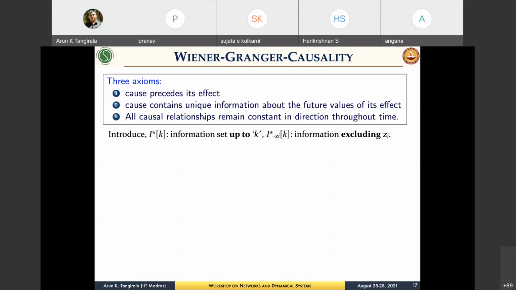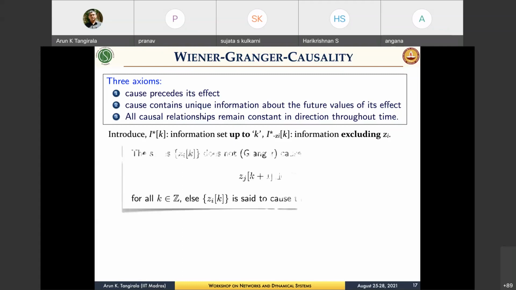So Granger started off with information, and he said, let I star represent the information set up to K, and I star minus Zi, information excluding Zi, because you want to test if Zi causes Zj.